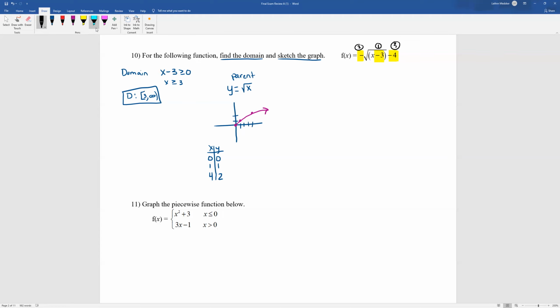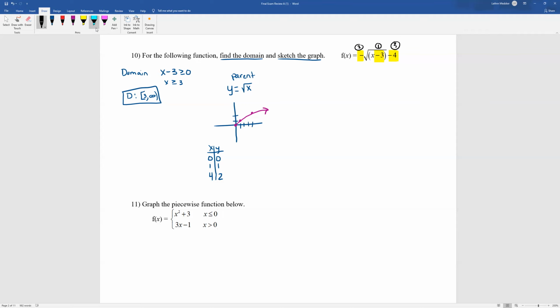Now, when you have a plus or minus inside or underneath your parent function part, that means you're going to be shifting either left or right. It's also affecting the x value when we look at how it's affecting our table of values. So we're going to be shifting this in a direction for x.